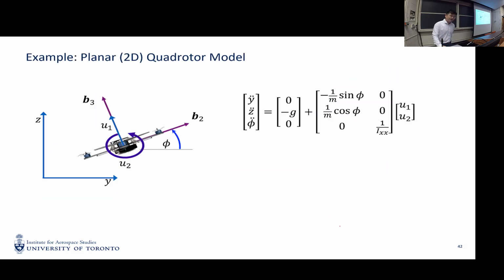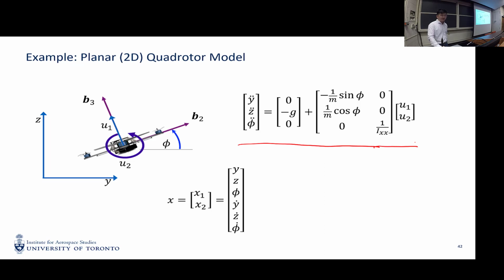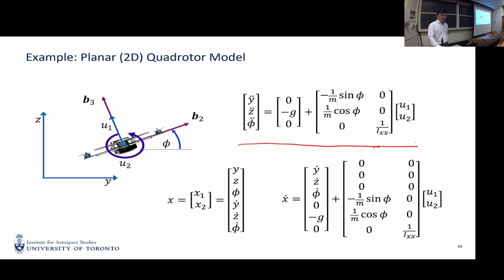So then, how do we apply this linearization on the planar 2D model? I use the planar quadrotor model as an example. This is our previous equations of motion here, right? This is the total state, and this is the total system. So basically, this one is f of x and u.